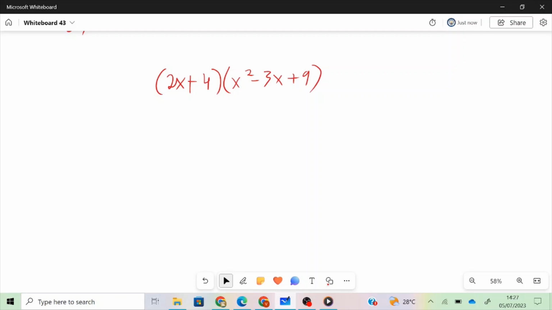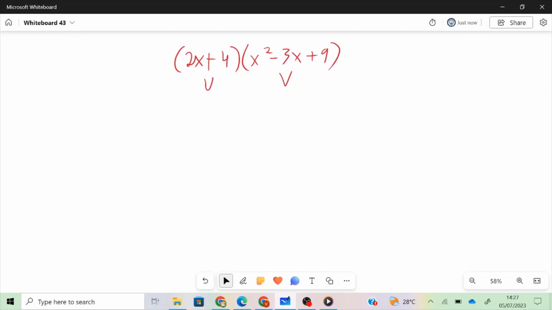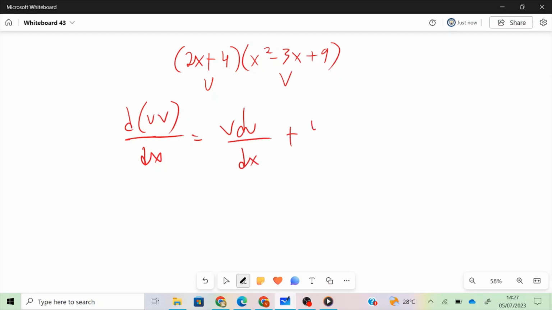So let's go ahead and use our product rule. Let's just label this one u, label this one v. Either way, if we label it uv or vu, we'll still get the same answer. So our formula, as we know, is d(uv)/dx is v du/dx plus u dv/dx.